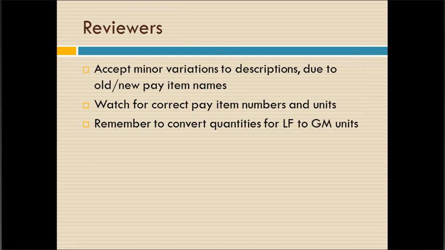Please do not force a revision for changes such as that if the description is very close. If it says dotted rather than skip, please accept those as being valid, and we will get them in there. We're trying to get this consistency, but that should not be the cause for a revision.